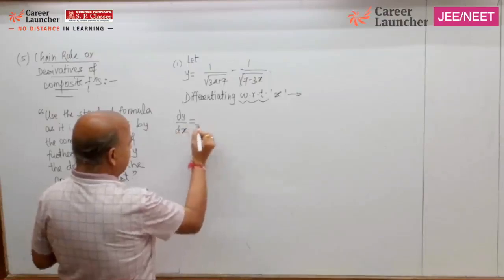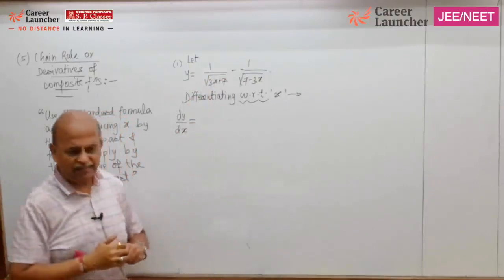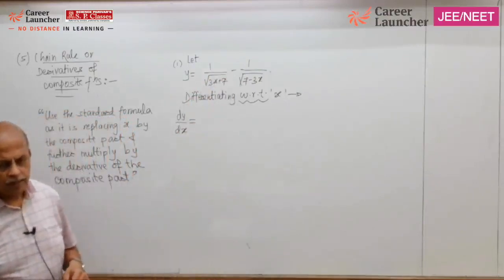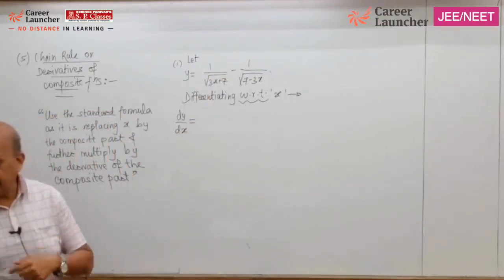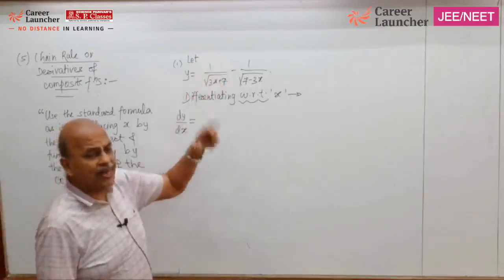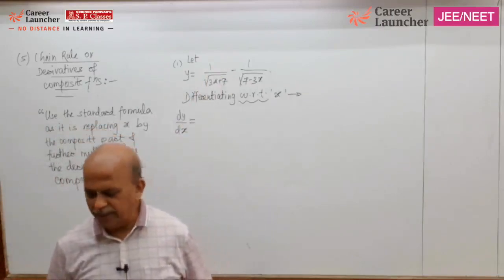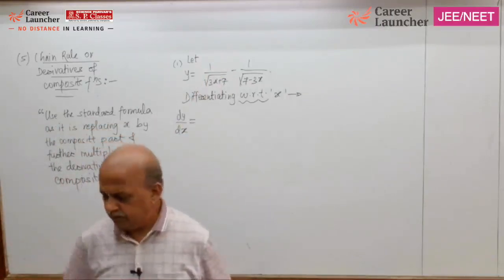dy by dx is equal to, let's go for this 1 upon root of 3x plus 7. Look at the list of standard formulas and tell me, don't you feel this is similar to 1 upon root x? There is a formula. Now 1 upon root x, if I remember correctly, is formula number 8.